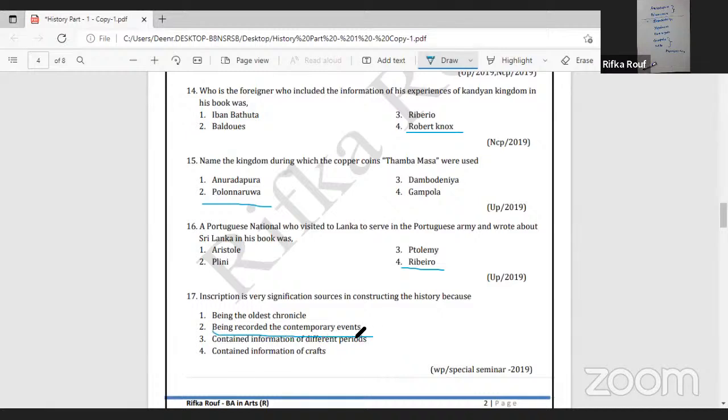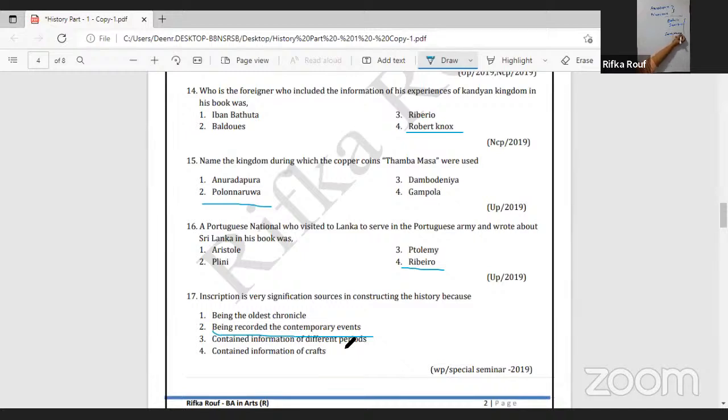So what do contemporary events mean? Contemporary means that by the time when the event was happening, they created that inscription. For example, there is an inscription named the Badulla inscription. Another name for it is the Sorabora Weber inscription.